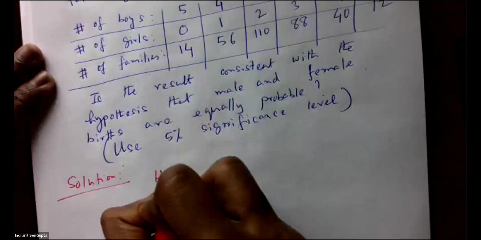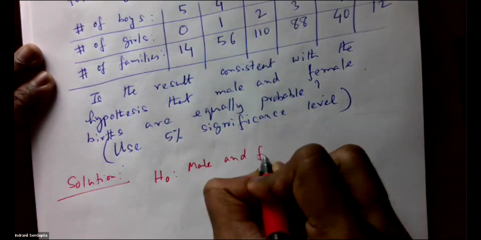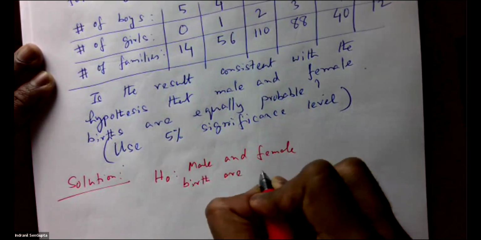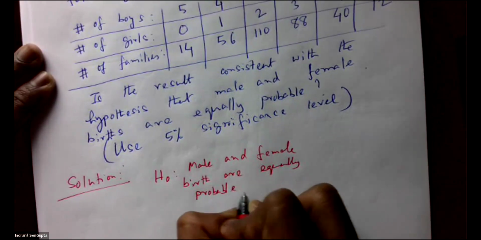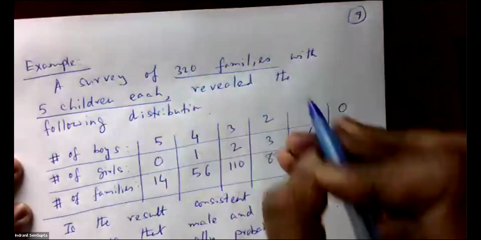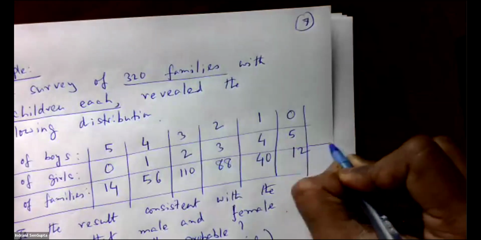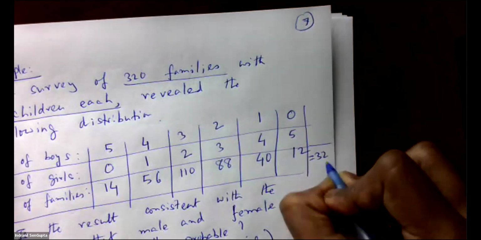So here the null hypothesis H0 is male and female births are equally probable. By the way, there are total 320 families, meaning that when you add all this, the total is 320.